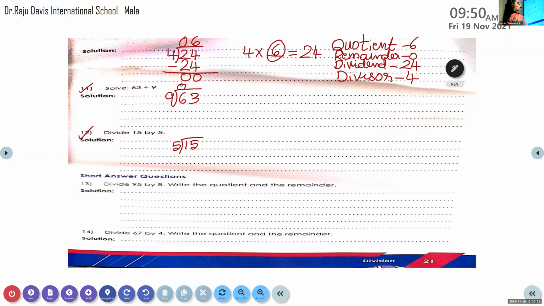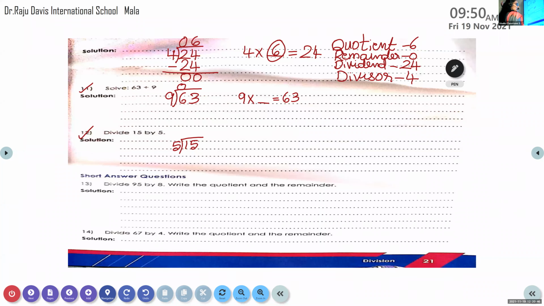Then is 63 in the table of 9? Yes, it is there. So 9 into what is 63? You have already done, right?